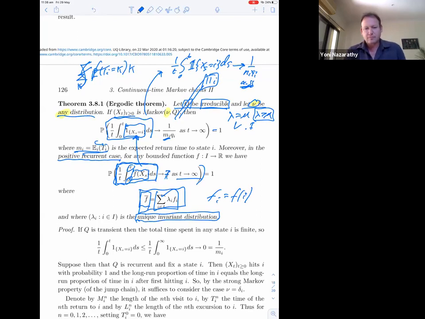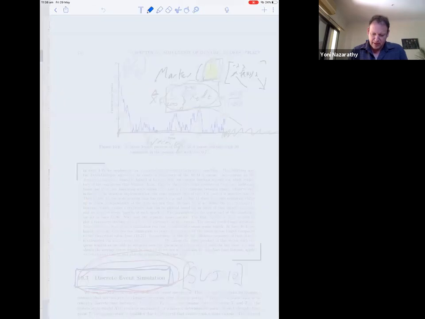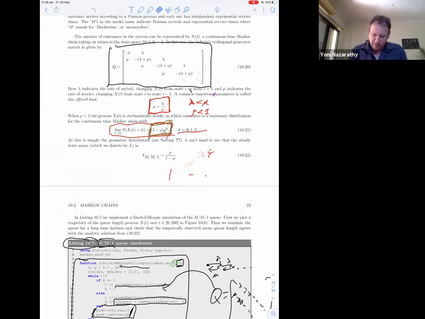Just to put this in context, go back to the M/M/1 queue, for example. If we wanted the mean of the M/M/1 queue, it's a consequence of this theorem, where f of i equals i. Then what you get is just this expectation.